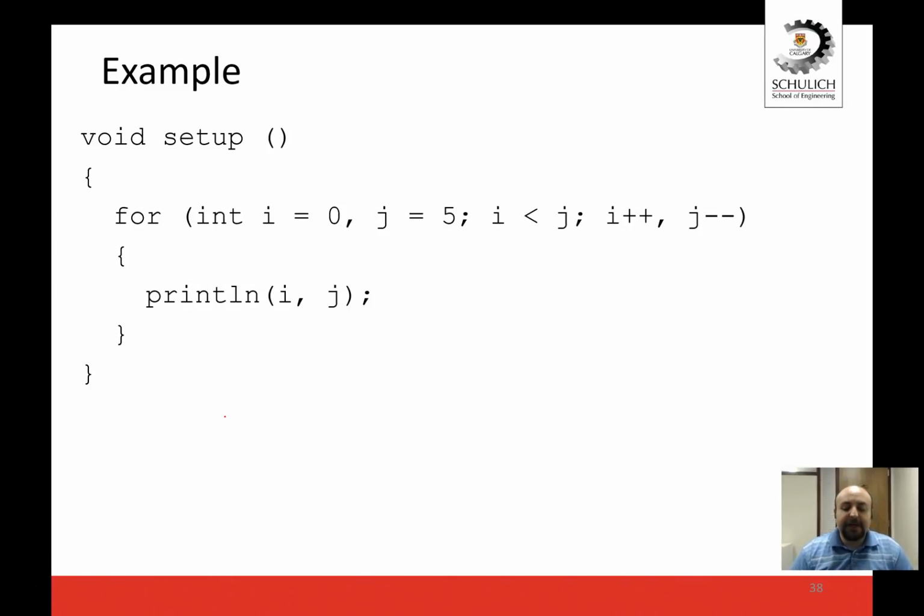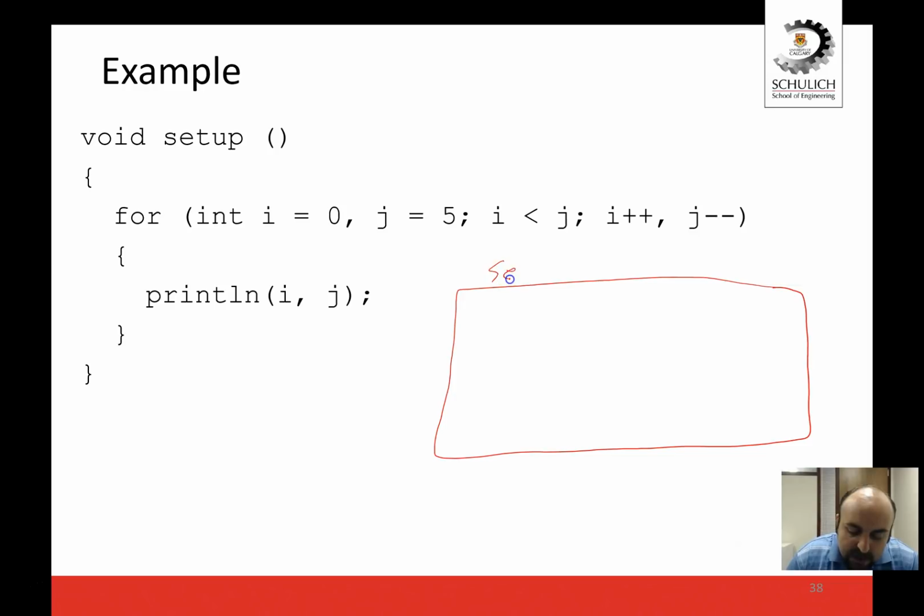Let's look at this particular example. Here we have I and J, and then you have I must be less than J, I plus plus, and J minus minus. So let's see what the output of this is going to be. Let's draw the memory diagram.